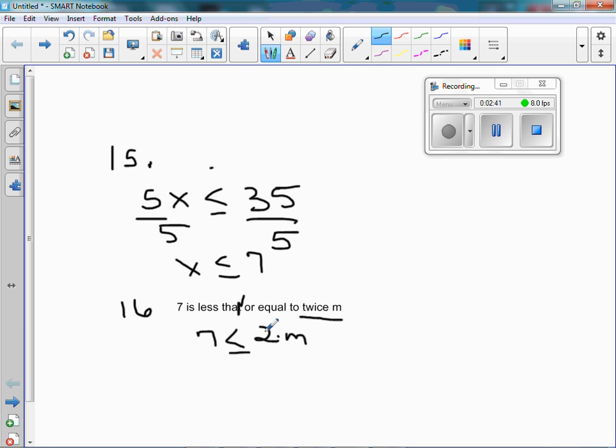To simplify this inequality, we must do the inverse operation on the side of the variable. So the inverse of multiplication is division. We must divide both sides of the inequality by 2, thereby making the answer 7 over 2 being less than or equal to m.